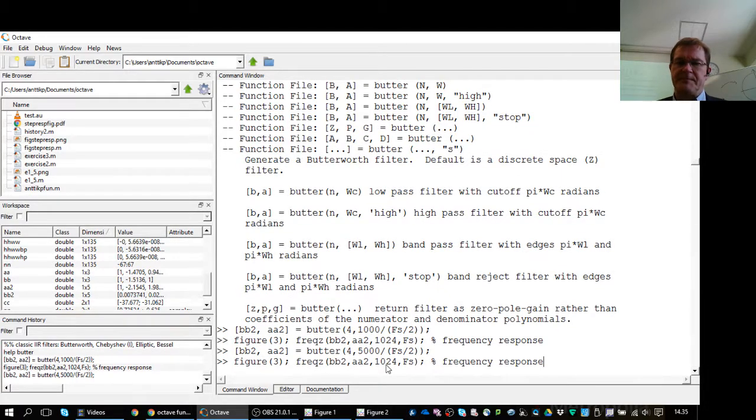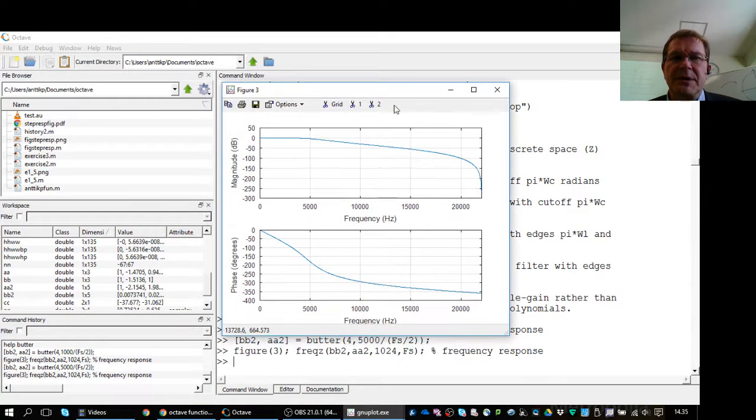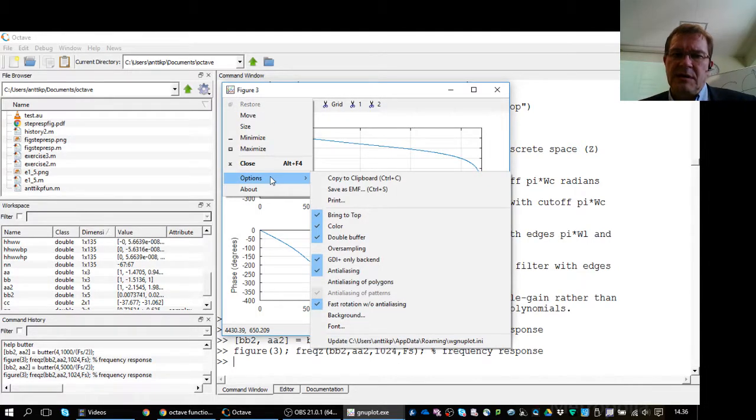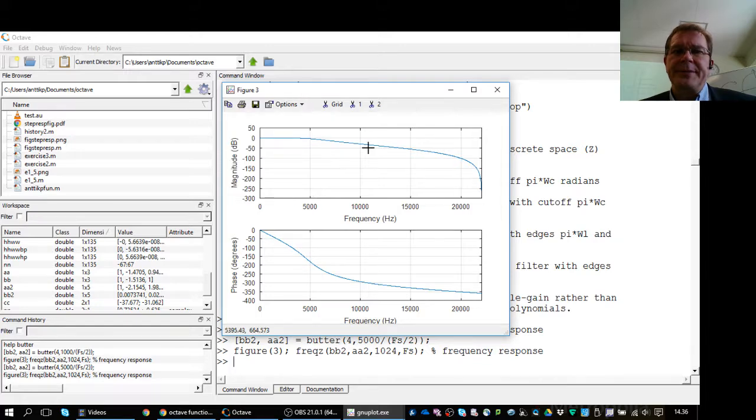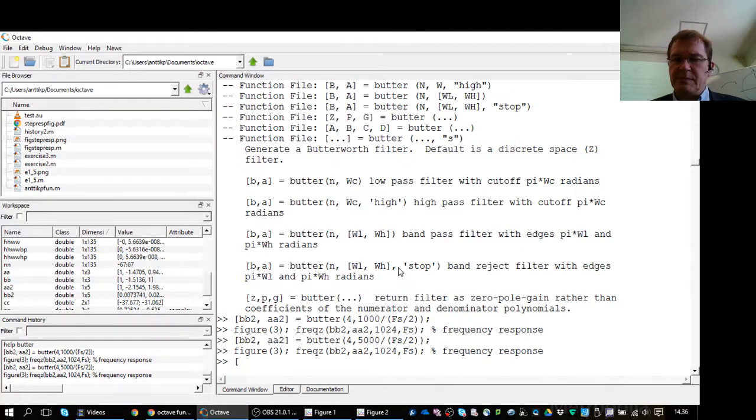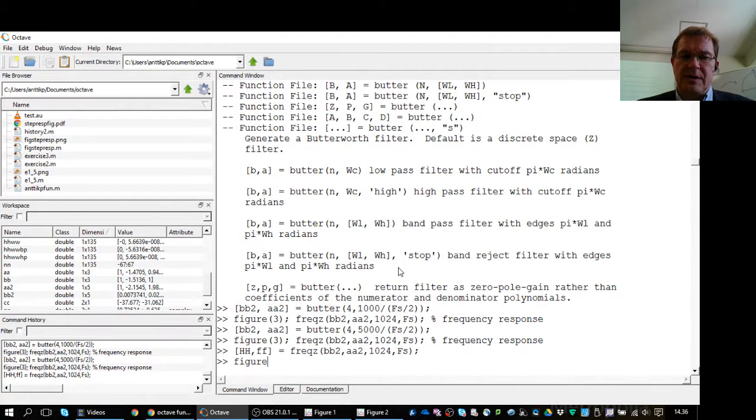Hard to say otherwise. Yep. So 5 kilohertz cutoff frequency, and then it starts to go down like that. Okay, again, the scaling is kind of funny here. But what can we do? What else we could do is calculate the frequency response, BB2, AA2, H, and then go figure.